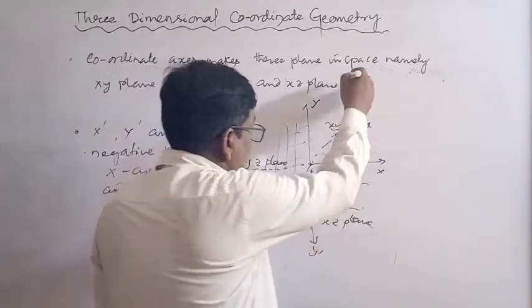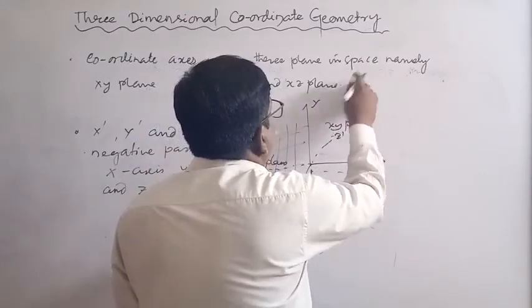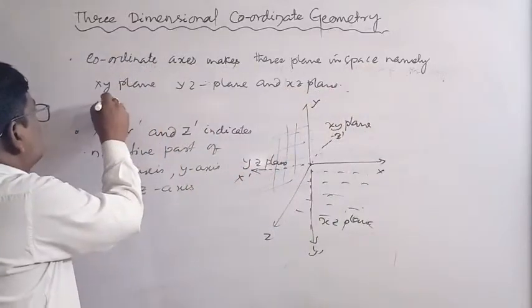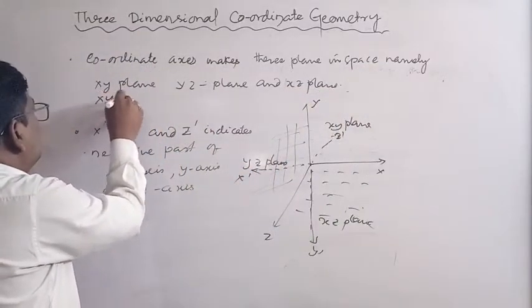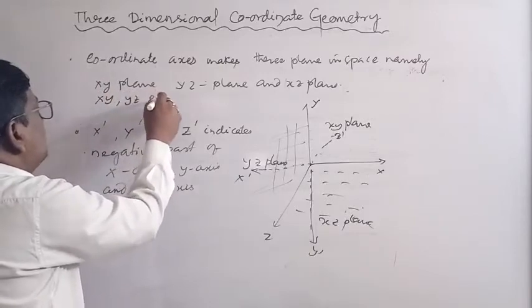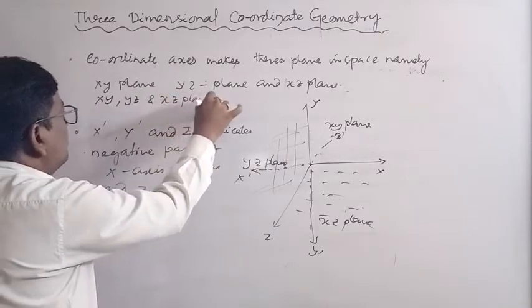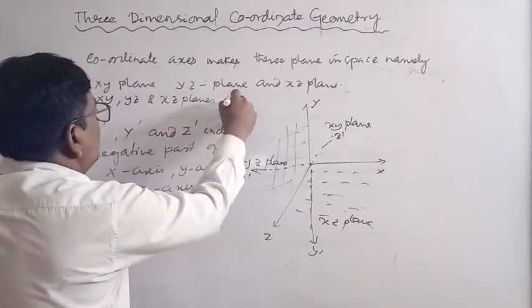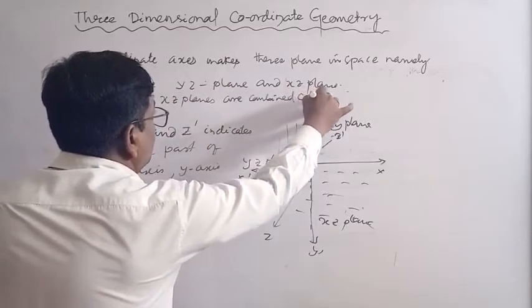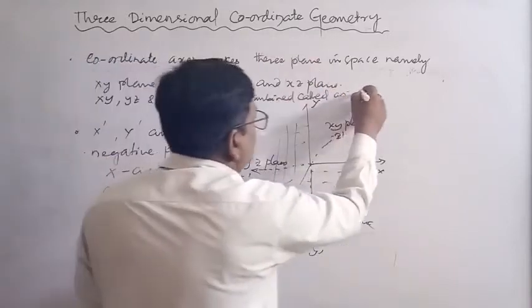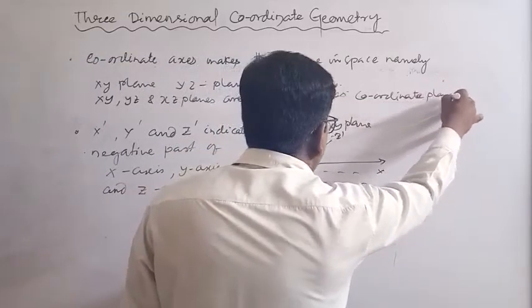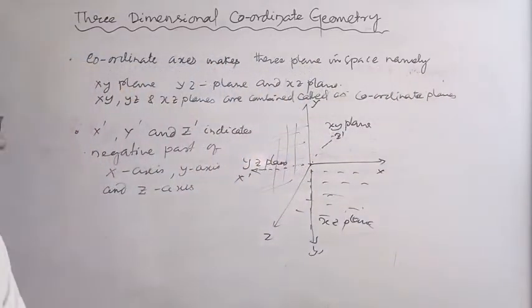These are called coordinate planes. The xy, yz and xz planes combined are called the coordinate planes.